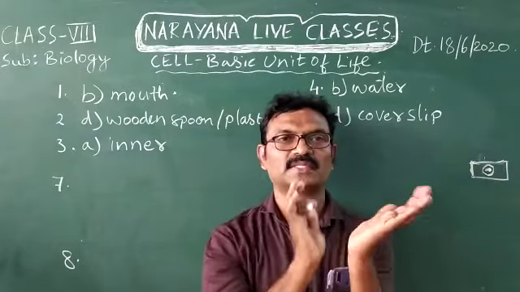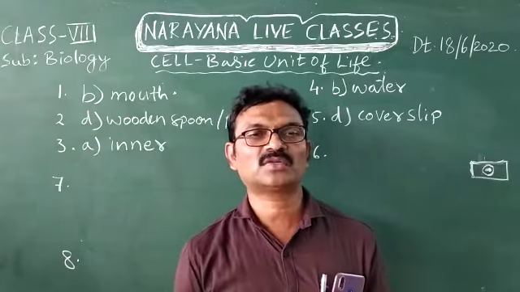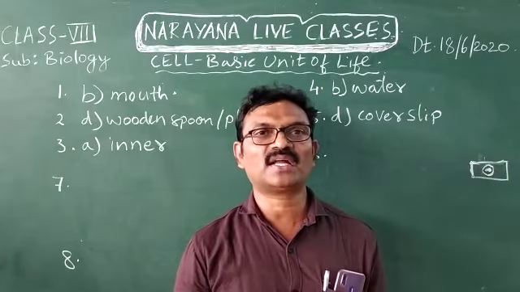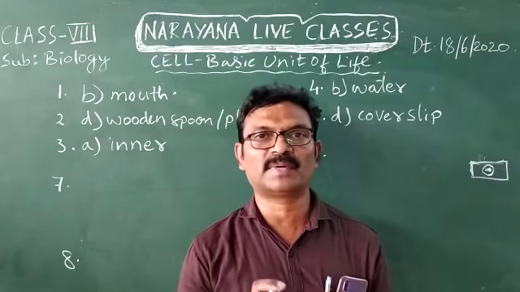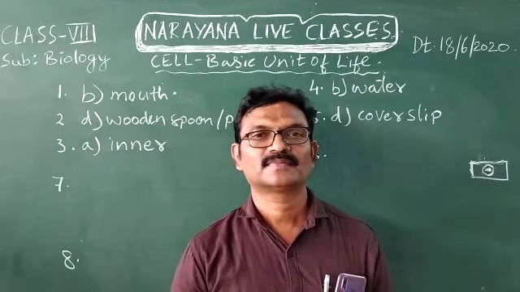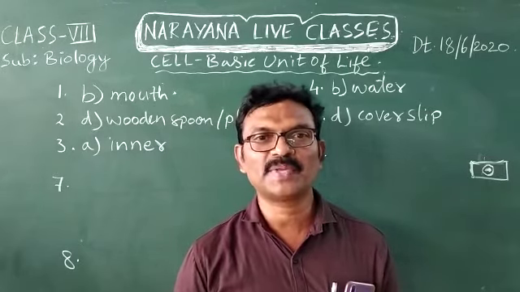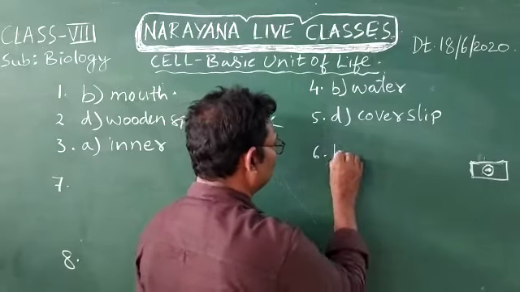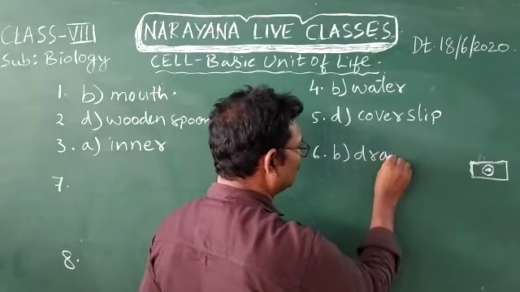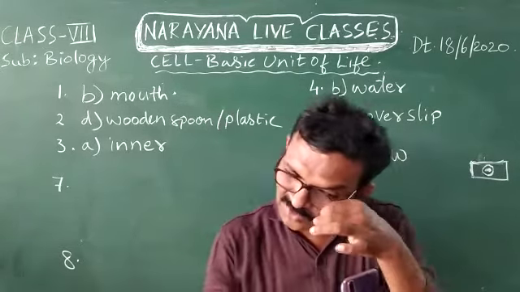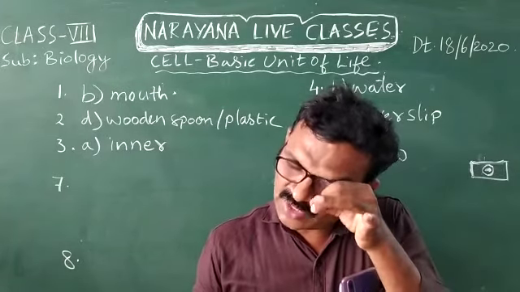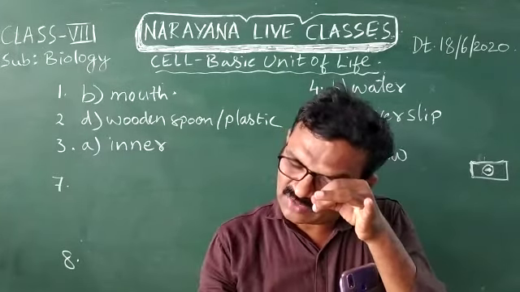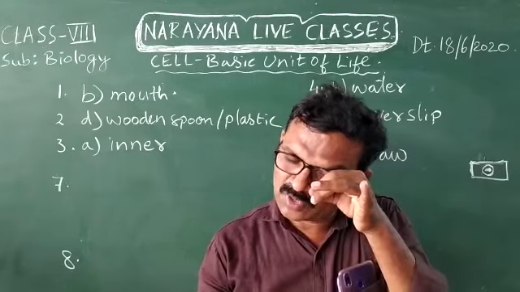Slowly we have to cover it, right? Now sixth question. Dash the figure of what you have observed under microscope. Correct option is B. B for draw. We have to draw the figure what you have observed under microscope. What you can see through microscope, that one you have to draw on the notebook.